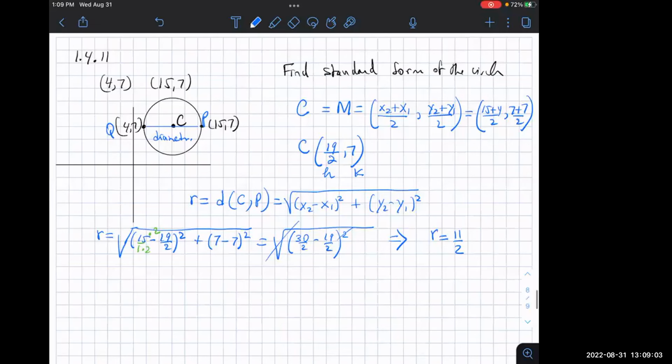Okay. So now just put it into the equation: x minus h squared plus y minus k squared equals r squared. That's the standard form equation, right? Yes. And the other one is the general. So x minus h squared.